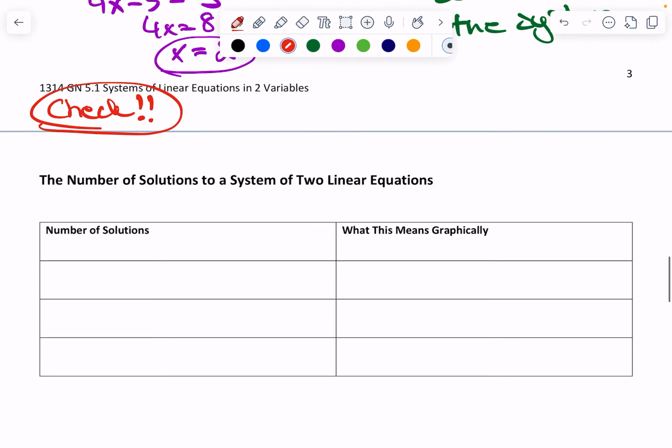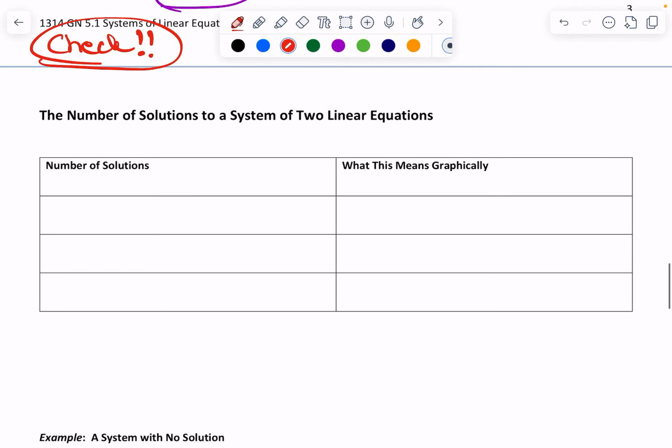All right, next we're going to look at the number of solutions to a system of two linear equations, and what this means graphically.